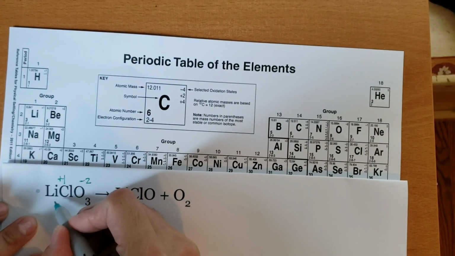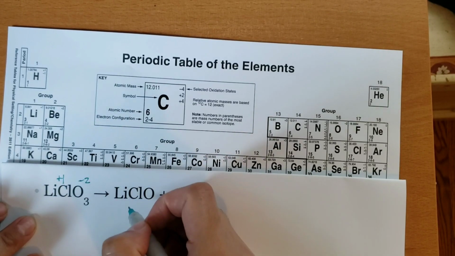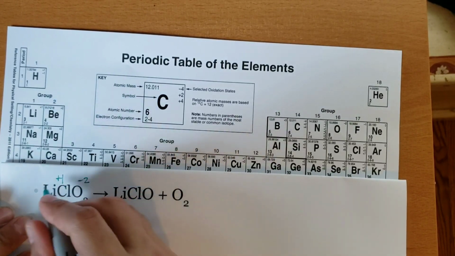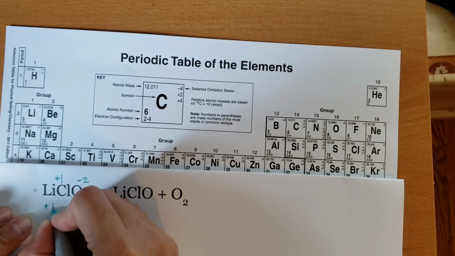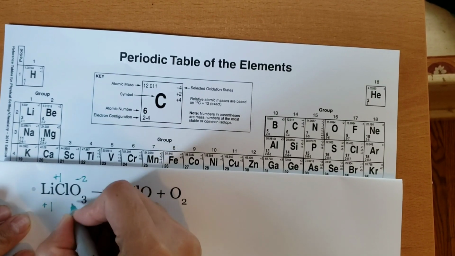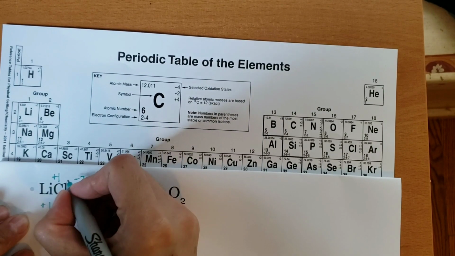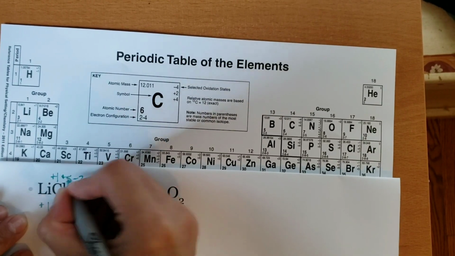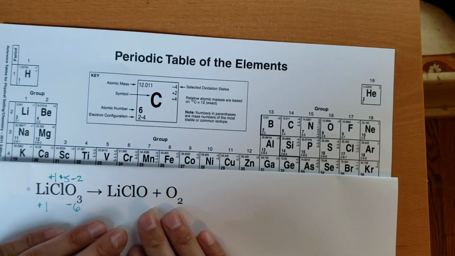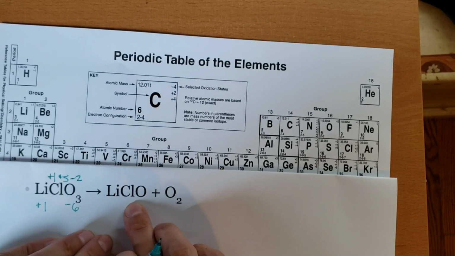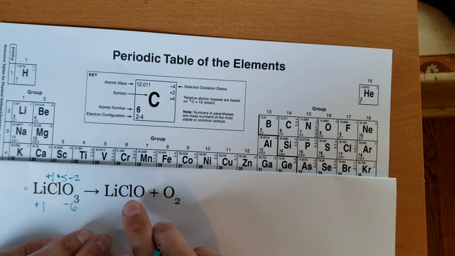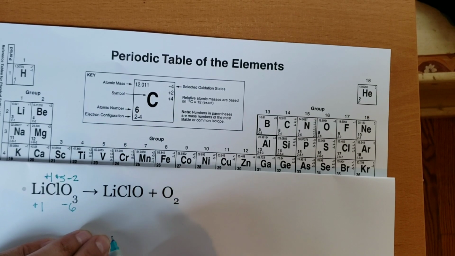So what we know is the total charge of this must be 0. So if we have +1 from the lithium and a total of -6 from the oxygen, the chlorine has to be +5.